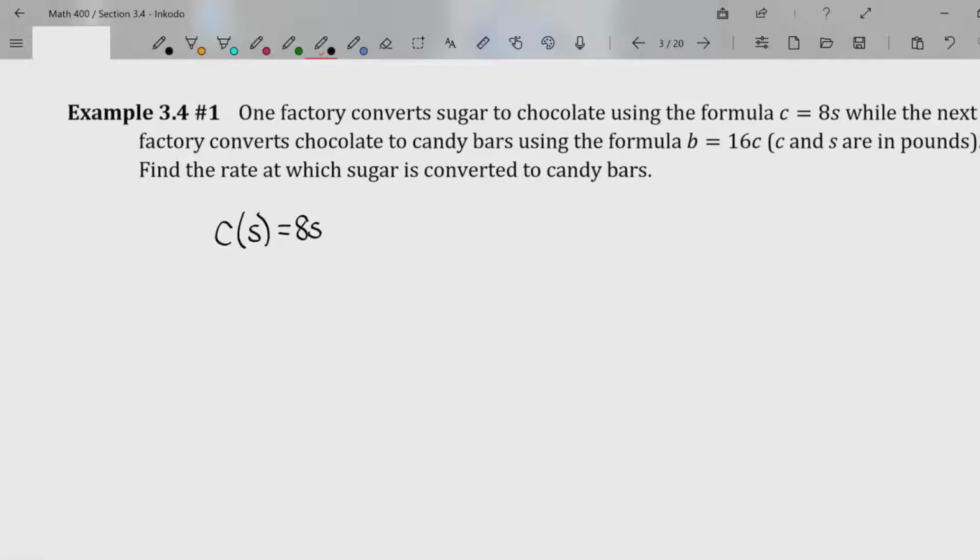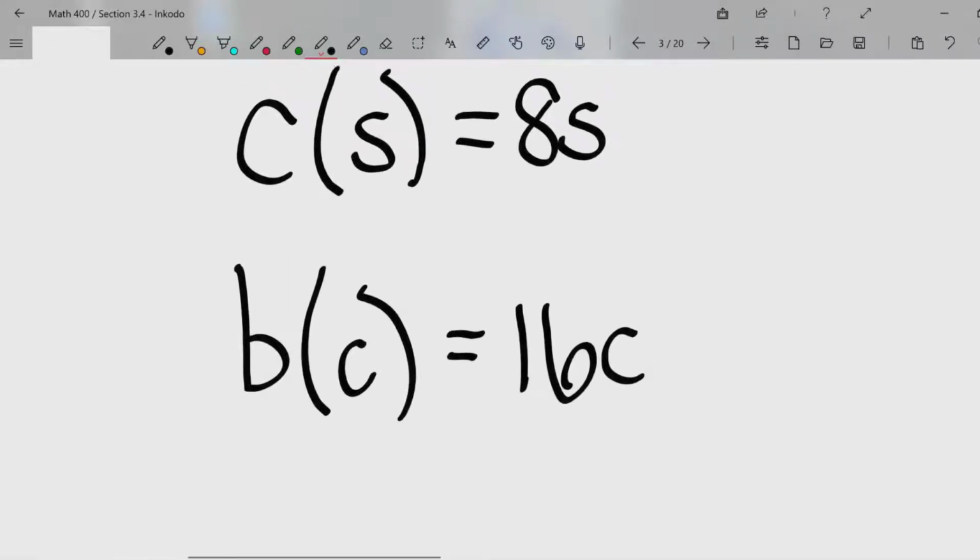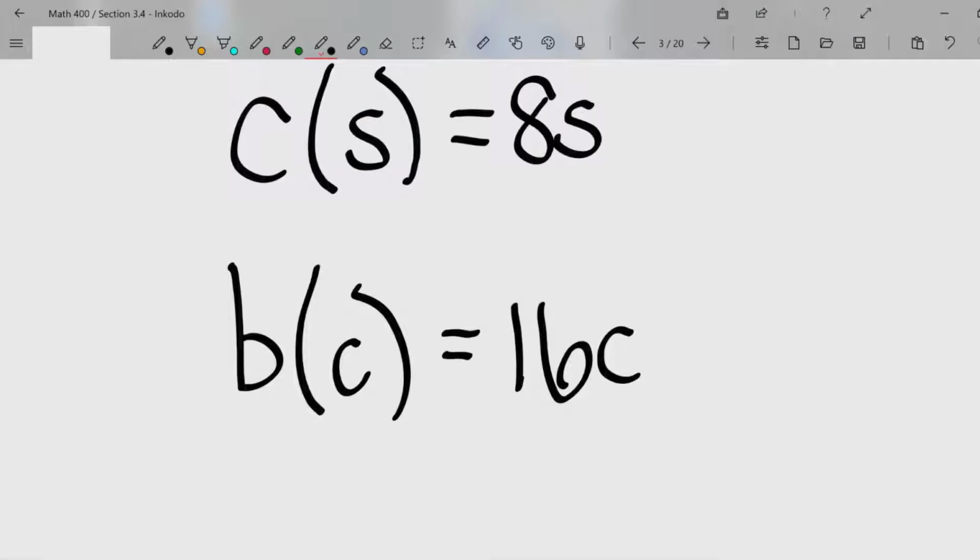The next factory converts chocolate to candy bars using the formula B is equal to 16c. You can see right now that B actually could be written in terms of S because C, the function that is the argument for B, is just right here. So I could just trade it in. I could say, oh, you mean B of 8s, right?